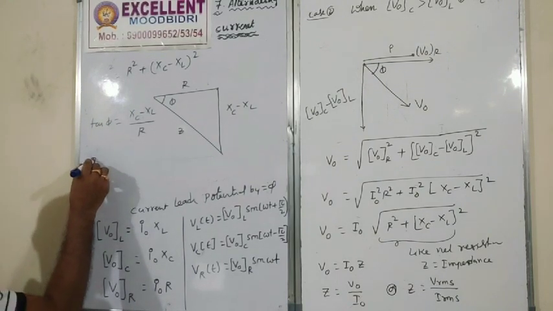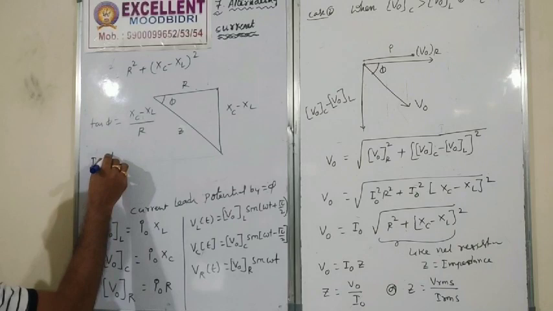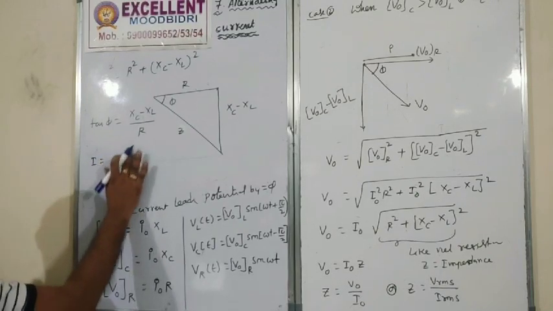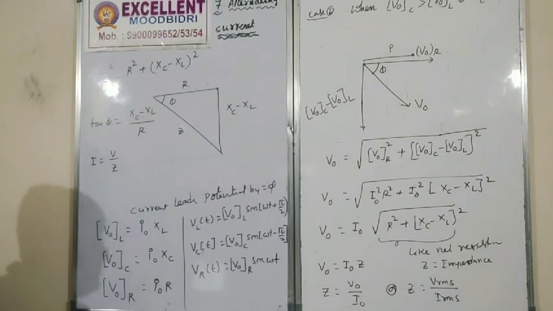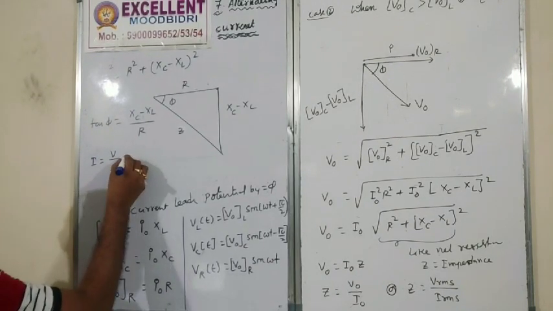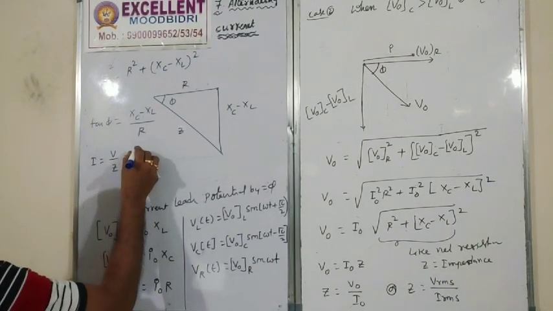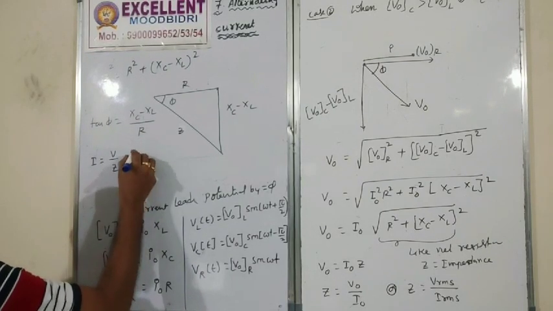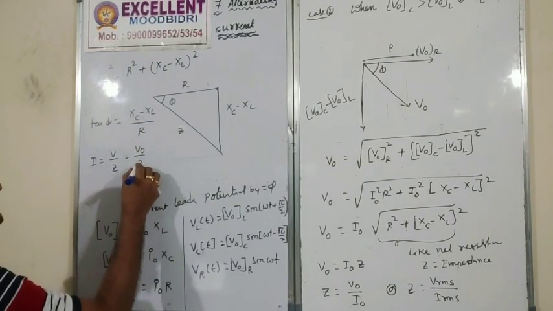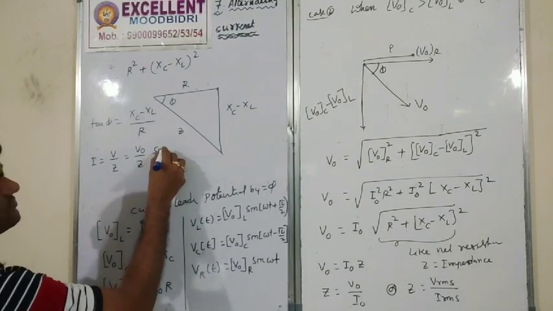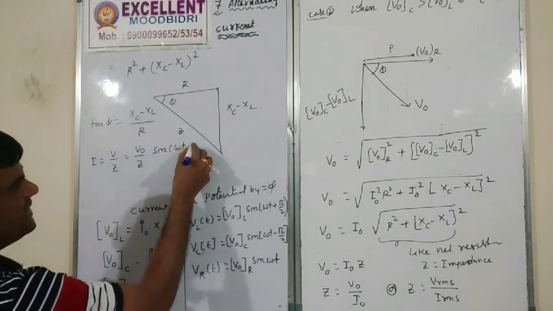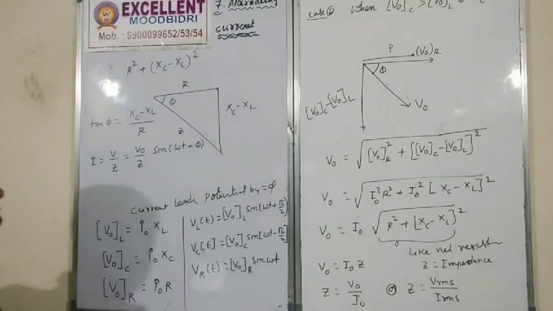So next, current I is equal to V by Z. V is equal to V naught cosine omega t plus phi.